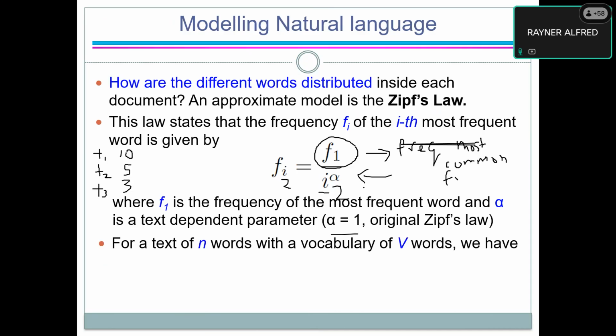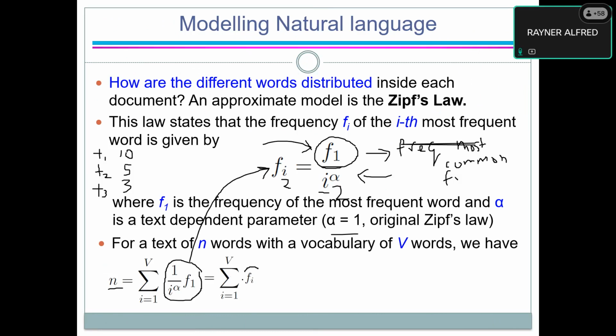So for a text of n words, basically we could add up all of them and get the number here. But how do we compute the most frequent one? If we put this in, this is equivalent to what we have here.